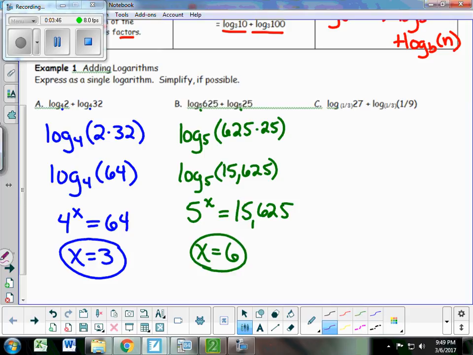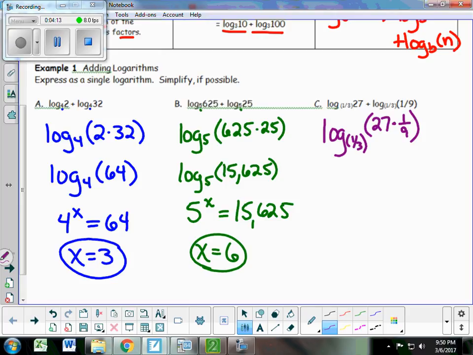Okay, next one. So we've got log base 1/3. You can use parentheses there for the base to keep it separate, and then of 27 times 1/9. It's a hard one to write here with all these fractions.